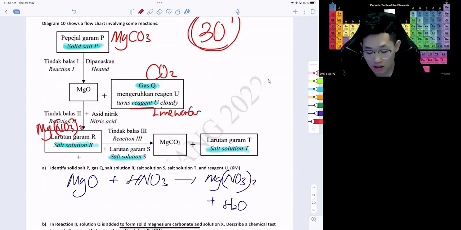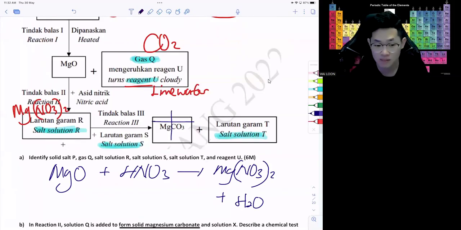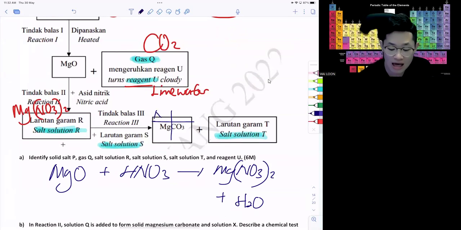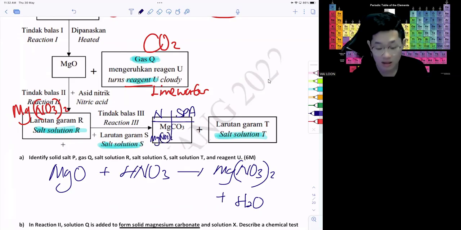So I have been given a product and they want me to find the reactant, so I use the cross. Because this magnesium carbonate is insoluble, I use the cross. Magnesium nitrate, potassium carbonate.